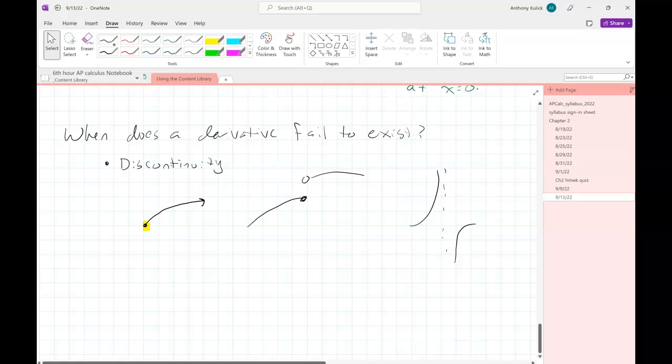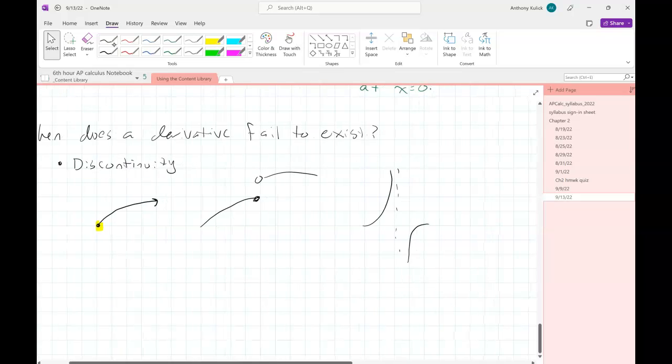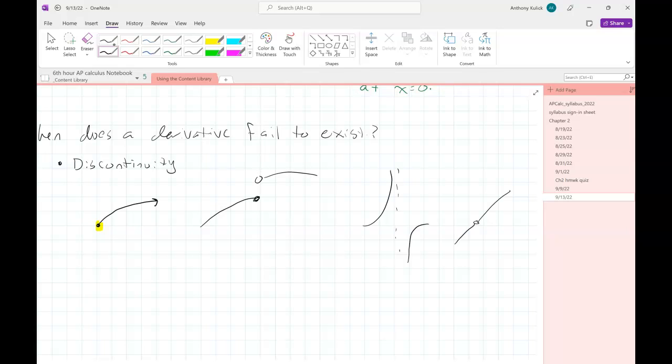And those are the three, and then you have the removable, right? If you have like this, now, does the derivative fail to exist there?